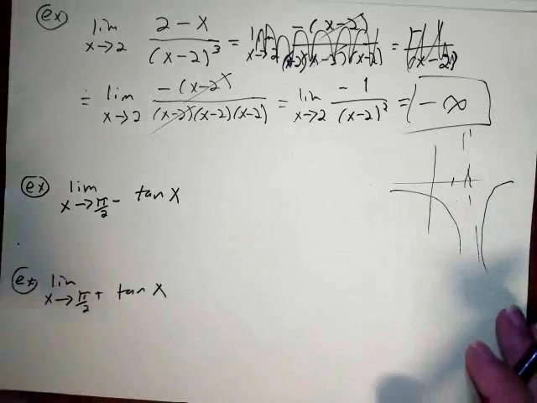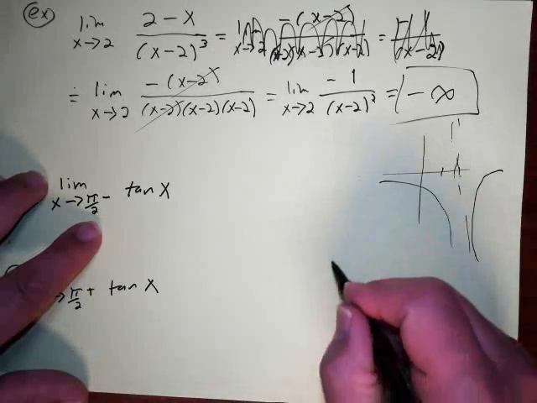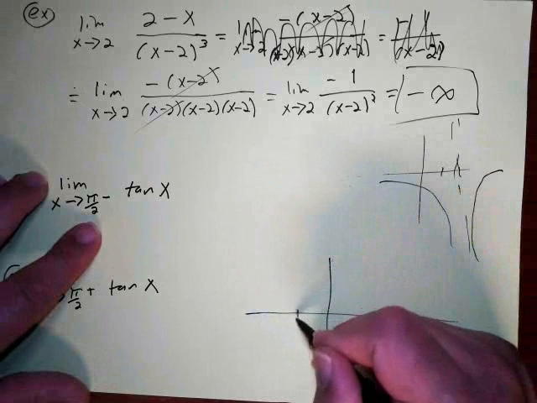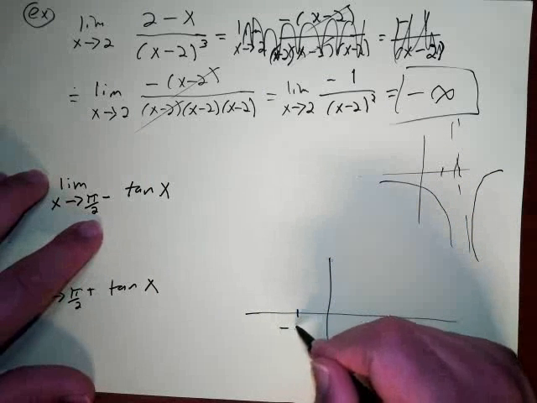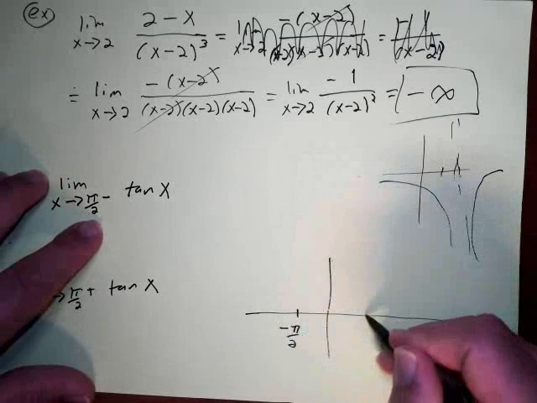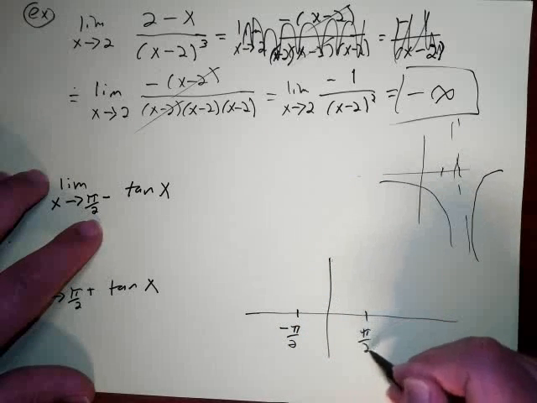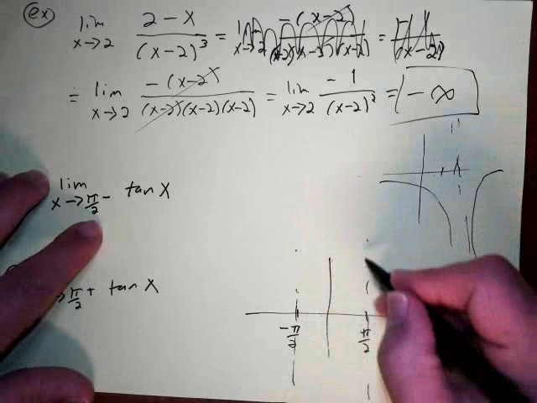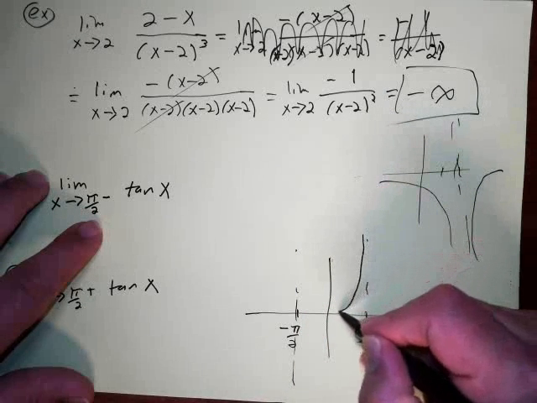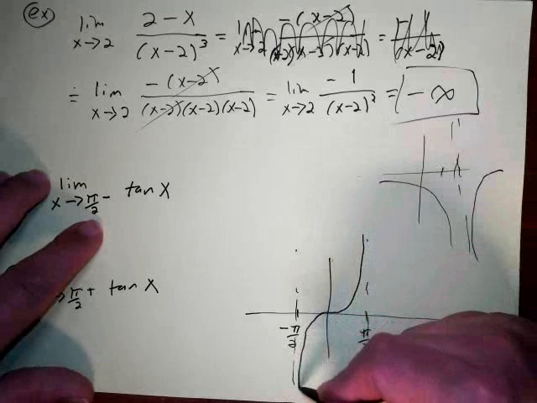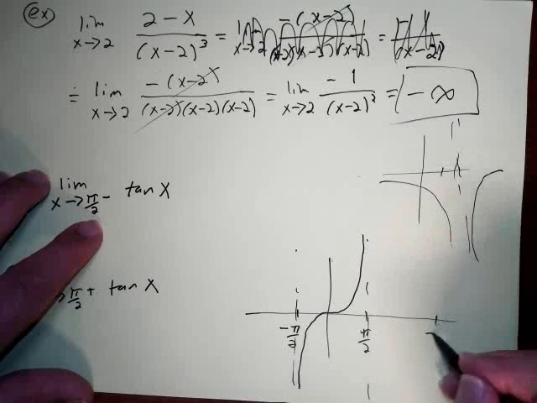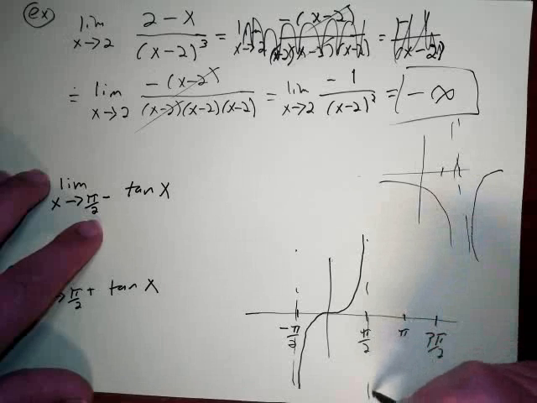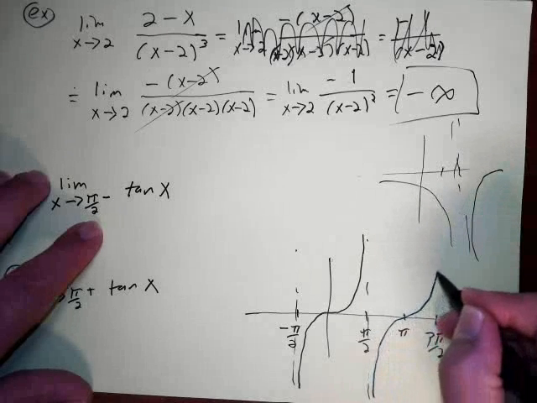Okay? And then I just threw these in just to show you that you could do these sort of things with the trig functions. And basically, tangent, if you remember, it has vertical asymptotes here at all these pi's over 2. And so the function actually looks like this, right? And then this would be like 3 pi over 2. This would be pi. And then it kind of does it again. Right?